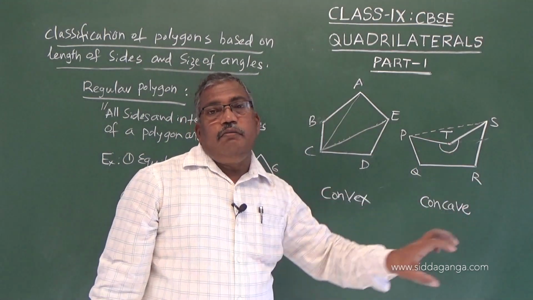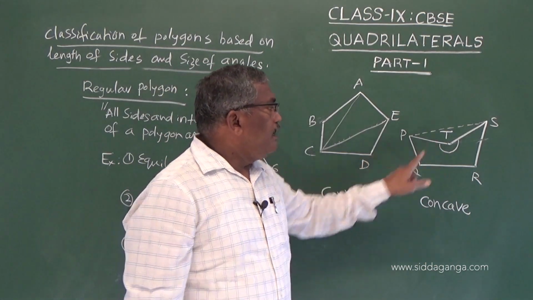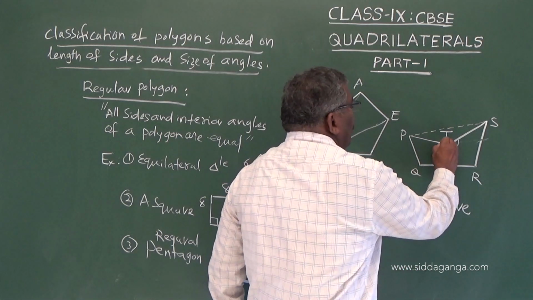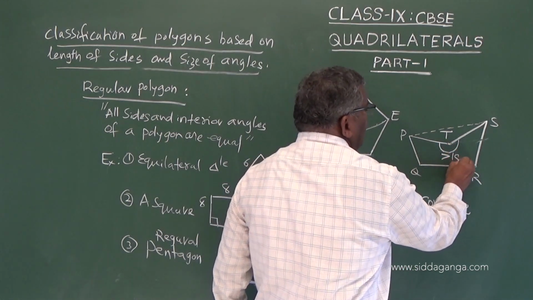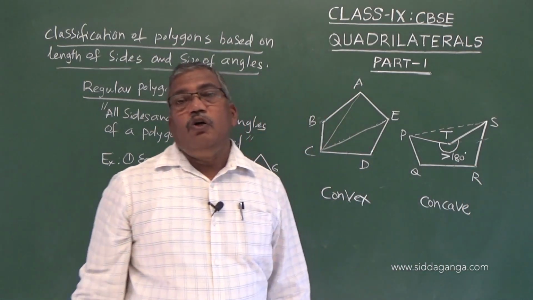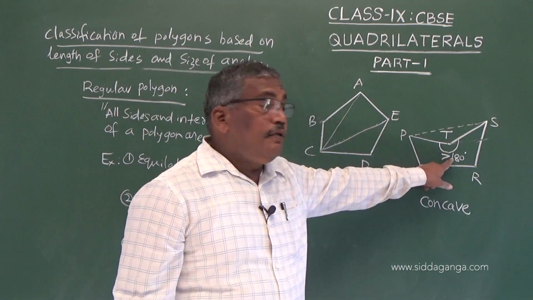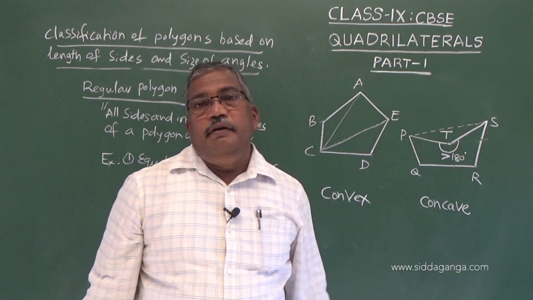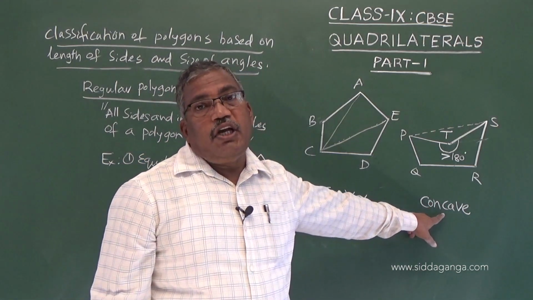So, a more important technical point you have to remember: this angle is more than 180 degrees. If any interior angle in a closed polygon is more than 180 degrees, then that figure is a concave figure.